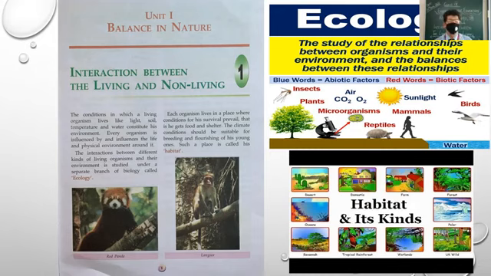Every organism is influenced by the life and physical environment around it. The interaction between the different kinds of living organisms and their environment is studied under a separate branch of biology called ecology.